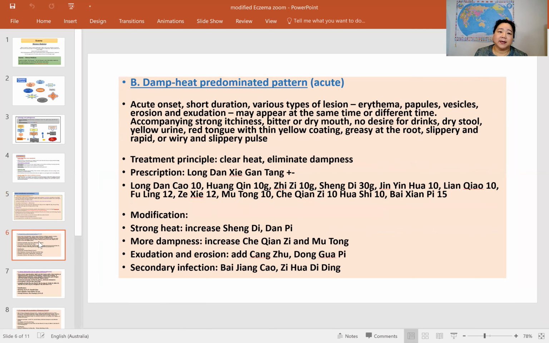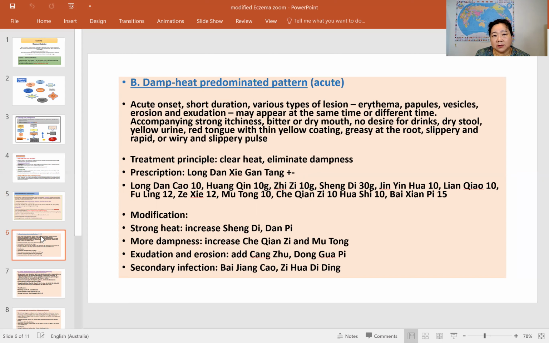Now, next type is damp heat predominated pattern. It is also commonly seen at the acute stage. A patient has acute onset, short duration, various types of lesion, erythema, papules, vesicles, erosion, and exudation all appear, maybe at the same time or at different times.